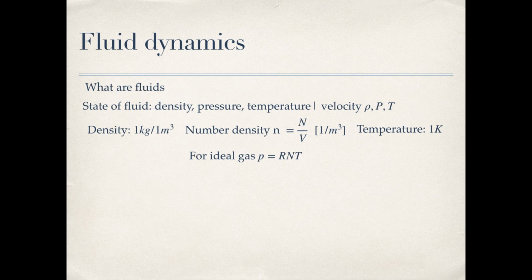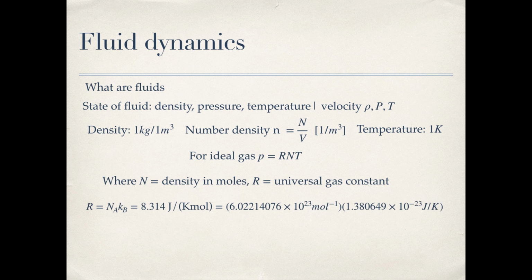Therefore, there must be a coefficient which converts it into units of pressure, and this coefficient is conventionally denoted by capital R. When we measure density in moles, the density of a mole is the weight of a volume containing Avogadro's number of particles, and then R is what has been traditionally called the universal gas constant, and that is the numerical value of that coefficient.